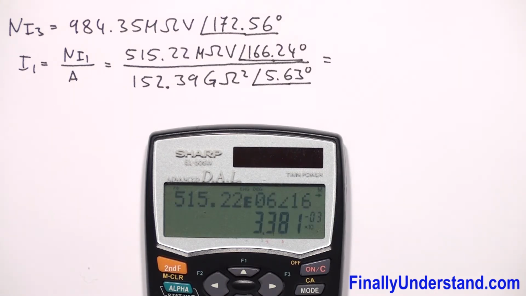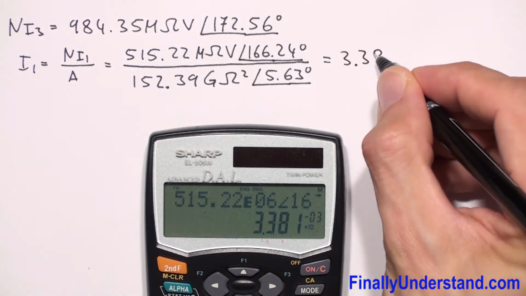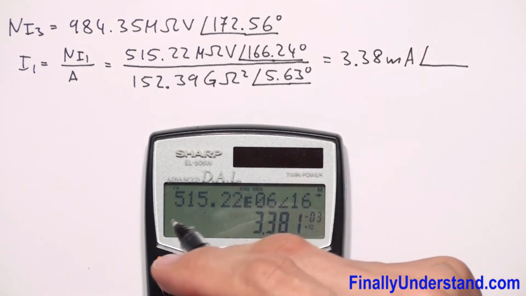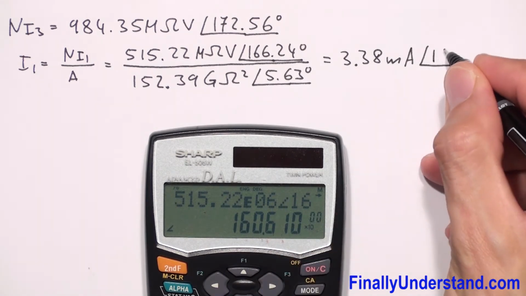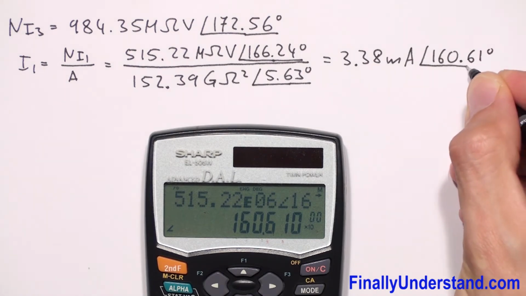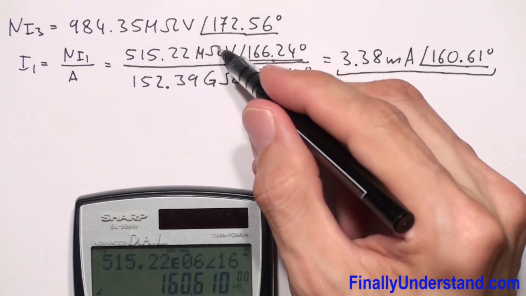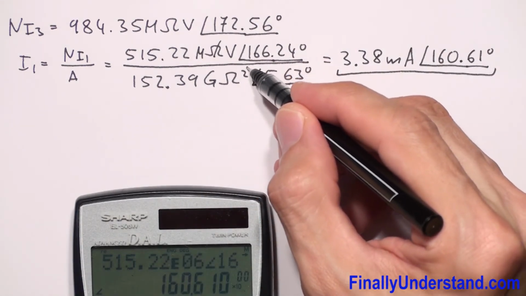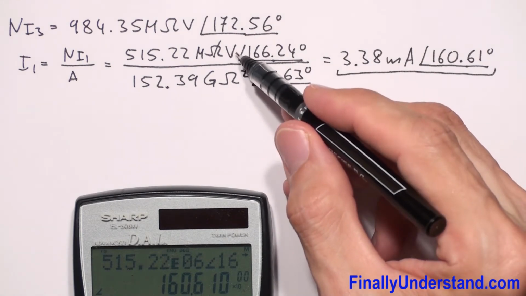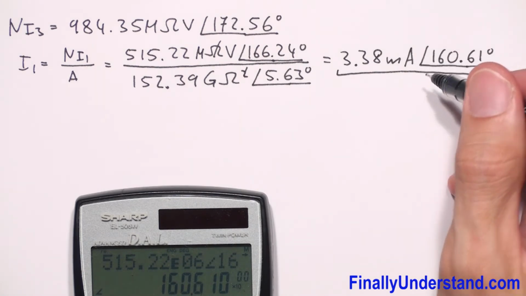This is equal 3.38 milliamps and angle of 160.61 degrees. Okay, so keep in mind that ohm and ohm will cancel out, so I'm going to end up just with 1 omega in the denominator, so volts divided by ohm is amp. Okay, so everything is correct so far.